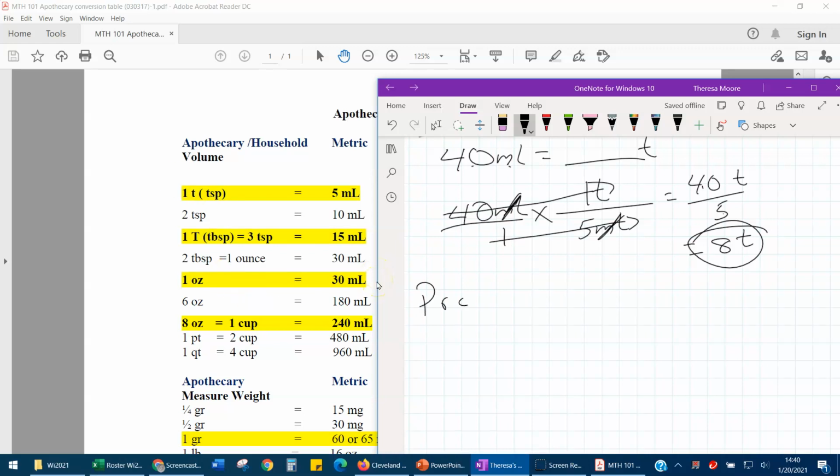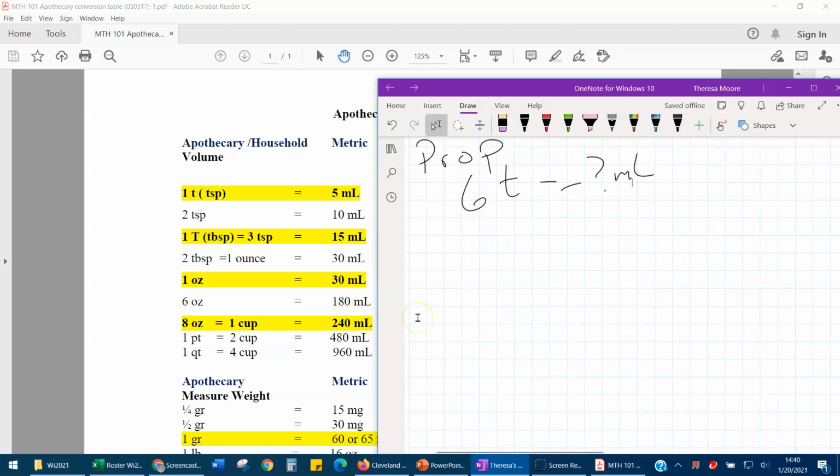For the proportion method, say we have 6 teaspoons and we want to know how many milliliters that is. One ratio is going to be 6 teaspoons over an unknown number of milliliters, and we're going to set that equal to the conversion factor with the same unit on top: 1 teaspoon is 5 milliliters.